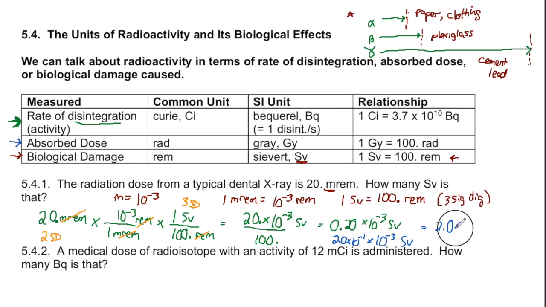So that is 2.0 times 10 to the negative 4 sievert. Or if you did not convert to scientific notation, it should be 0.0020 sievert. So we just have some powers of 10 changes going on here.